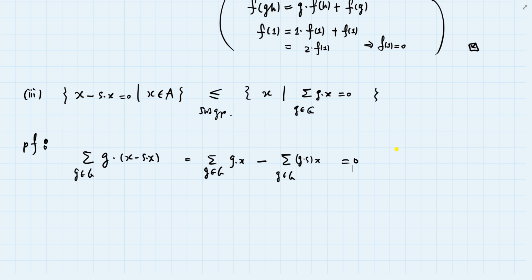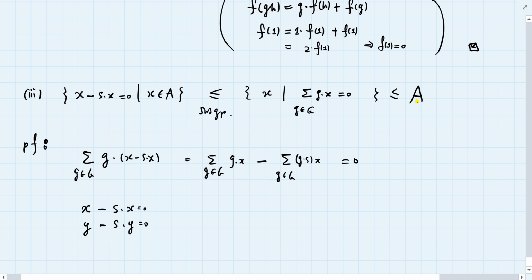So is it a subgroup? How do you check it's a subgroup? So if x, y, this x in A, right? So this is already a subgroup of A, a submodule of A is a subgroup. So the law is addition.